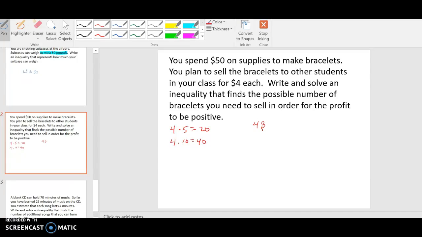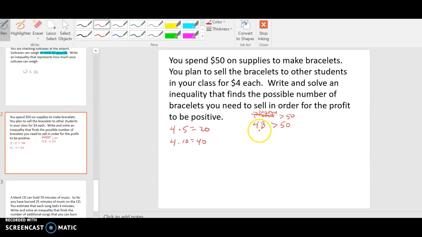I want the money I bring in to be greater than $50, so I need my income to be greater than 50.